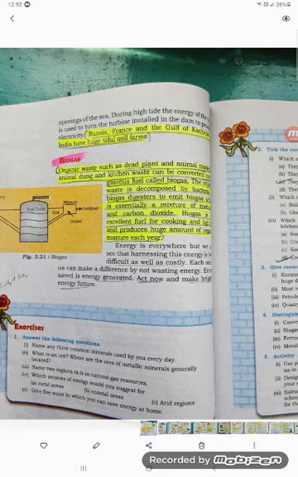Biogas: organic waste, that is dead plants, animals, dung, and kitchen waste, is converted into biogas by bacteria, the decomposers, which decompose it and produce methane, CH4, and carbon dioxide. The biogas is used for cooking and it produces manure also.